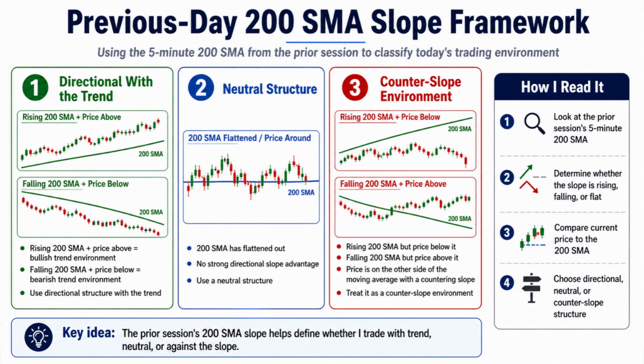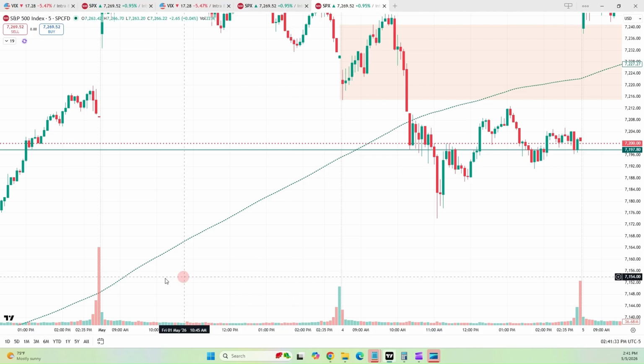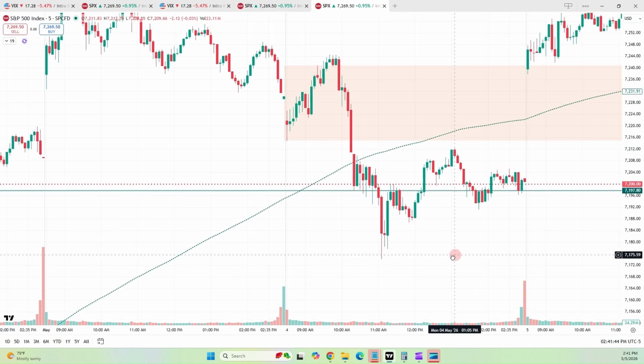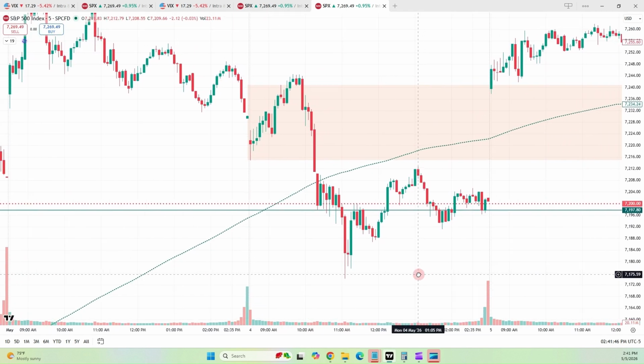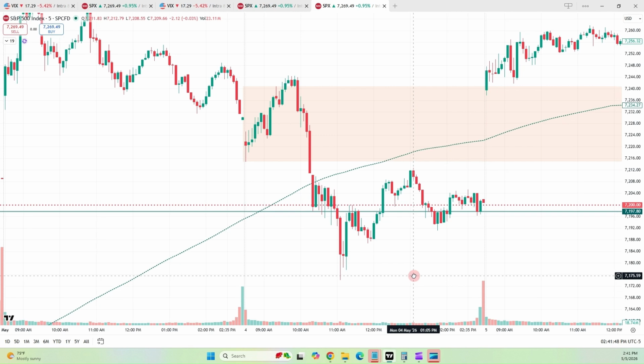Again, by simply looking at the slope of the 200 SMA on a 5-minute chart for the previous session. If we look back at Friday, May 1st, the slope is very much to the upside, and the difference between the open and close is nearly 50 points, which is well over the threshold that determines whether or not we are flattening out.